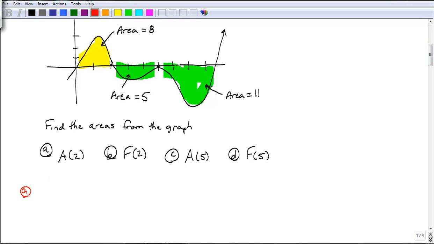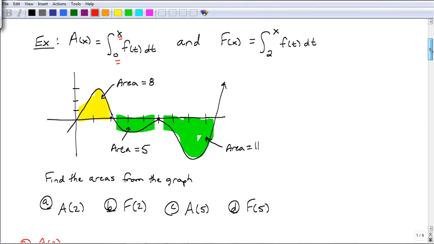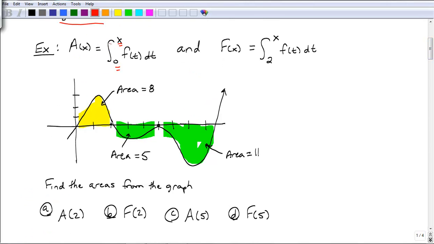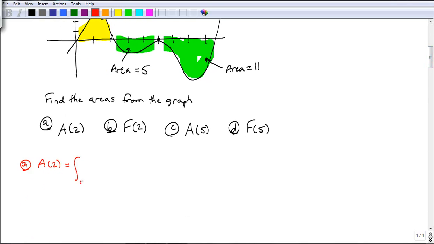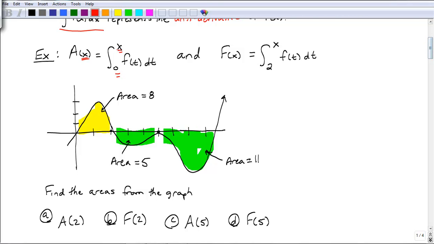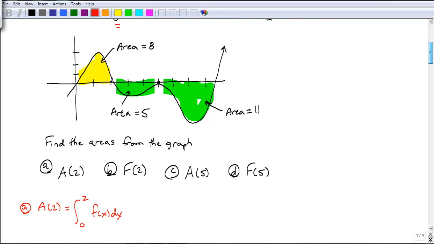So A of 2. If I take the number 2 and replace x with it, notice it went from 0 to x. So what's in the parentheses is what we put up here on the top of our integral. That's the integral from 0 to 2 of f of x dx. Now notice all we did was replace the x in there with the number 2.